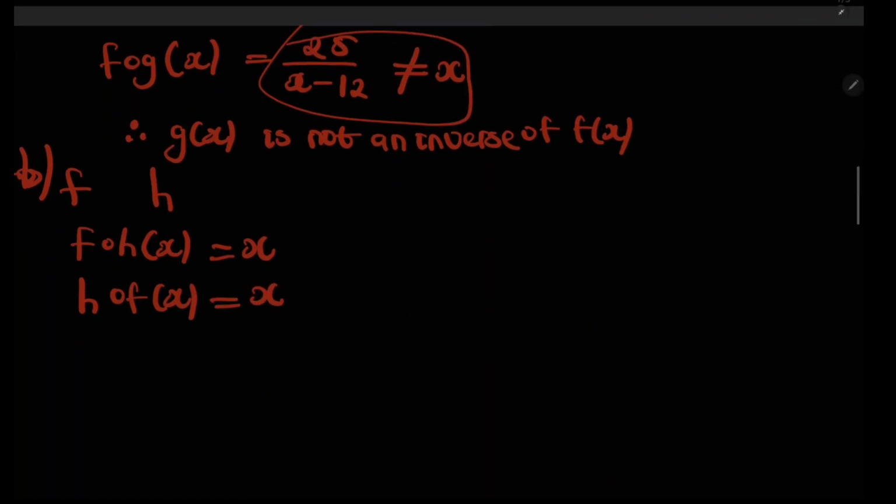Remember, composition is not commutative. That means you can solve f of h of x and have an answer, and solve h of f of x and have a different answer. That means they are not commutative.